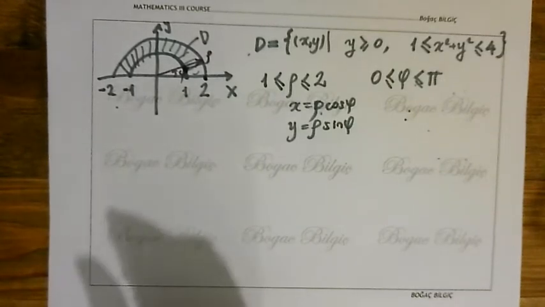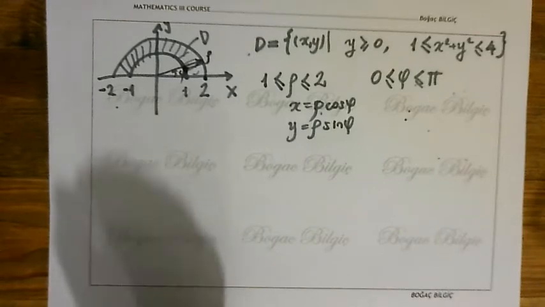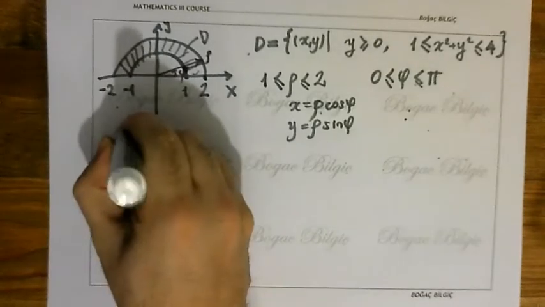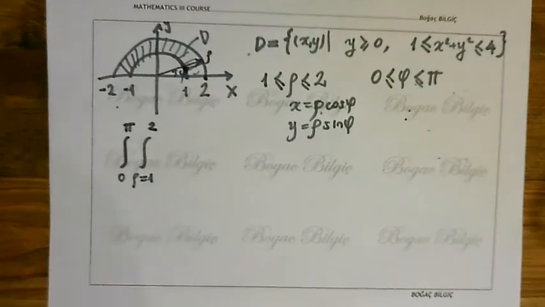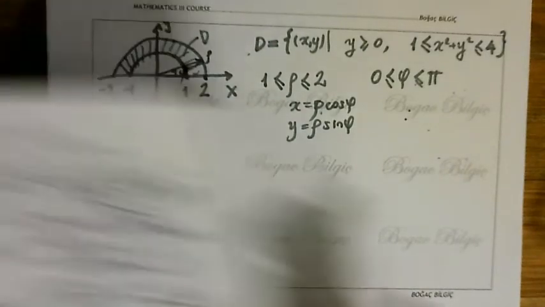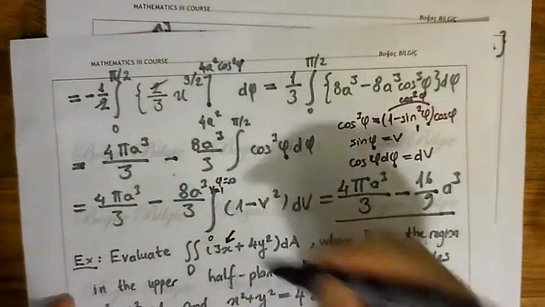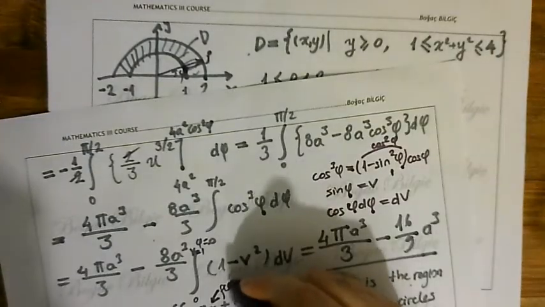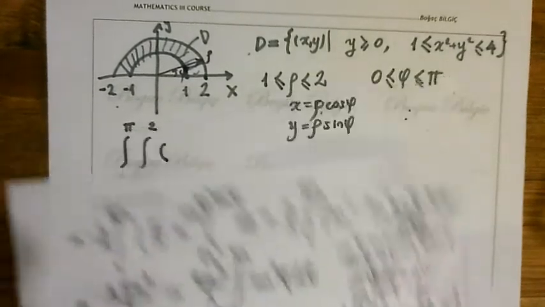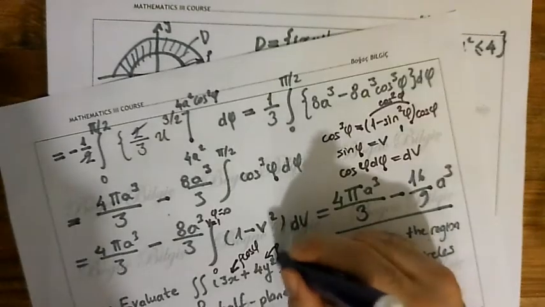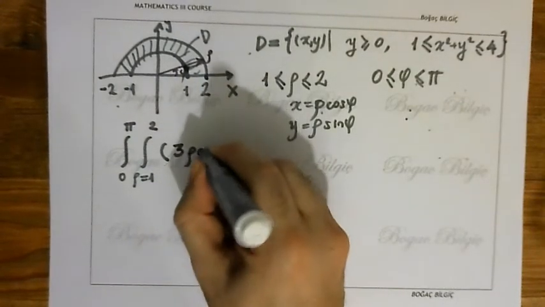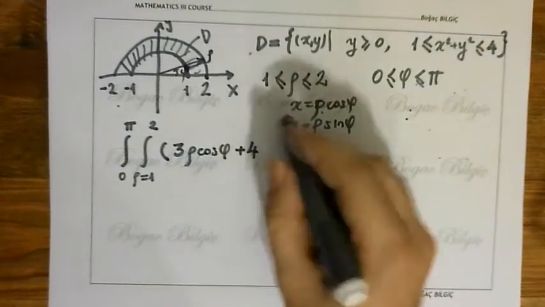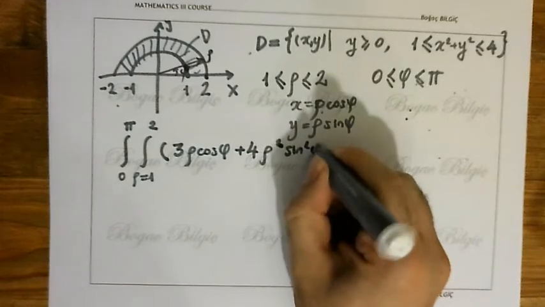So, by the formula in polar coordinates, phi from 0 to pi, rho from 1 to 2, we write for x, rho cos phi, and for y, rho sin phi, and 3 rho cos phi plus 4 rho squared sin squared phi.